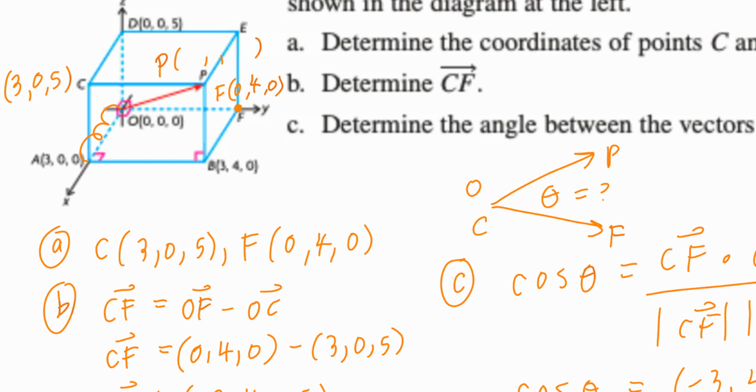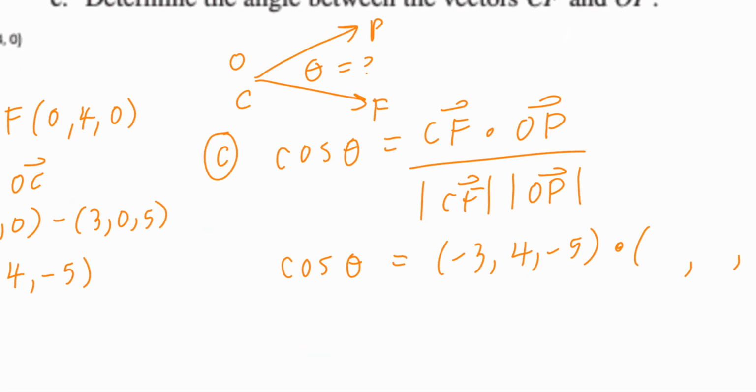On the y-axis, you're going to move exactly 4 times, 1, 2, 3, 4. On the z-axis, you're going to move up 5 times, 1, 2, 3, 4, 5. So really, the point P is going to be 3, 4, 5, which means vector OP is going to be 3, 4, 5.